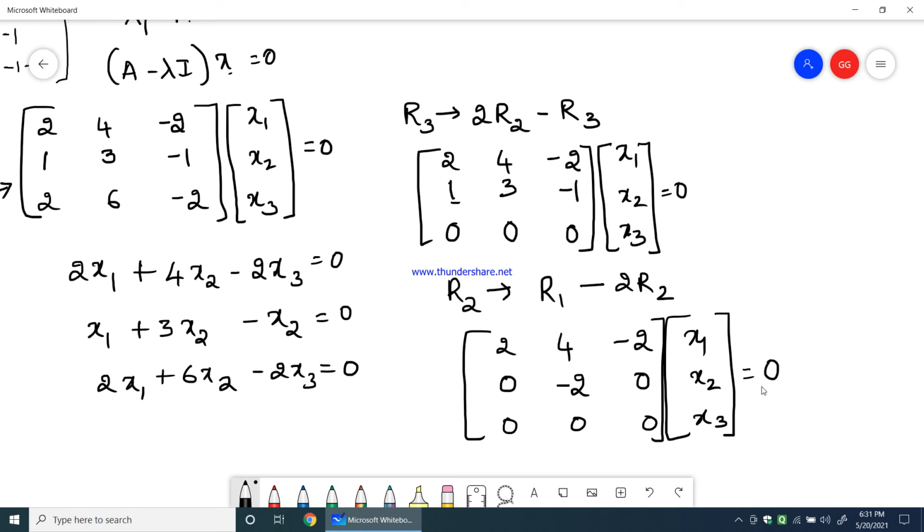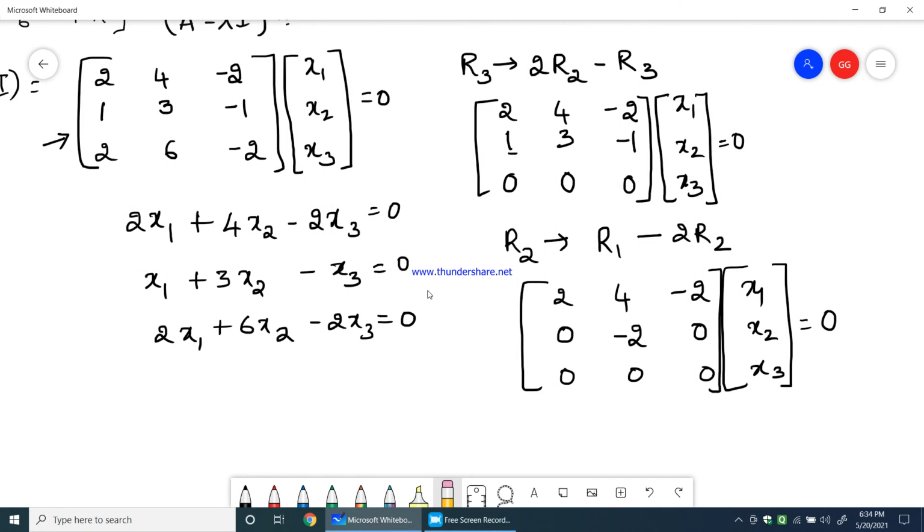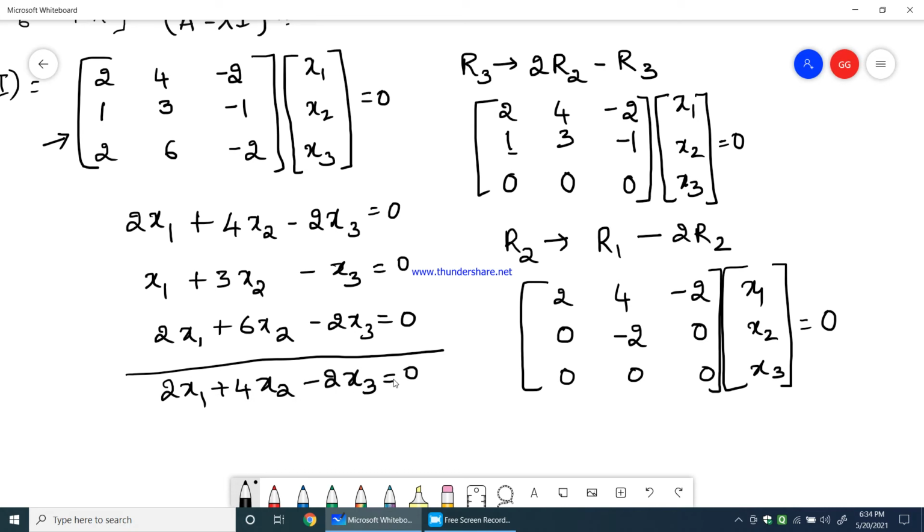So with these two equations I can easily say 2x1 plus 4x2 minus 2x3 equals 0, and the second equation is minus 2 times x2 equals 0. Therefore x2 is equal to 0.